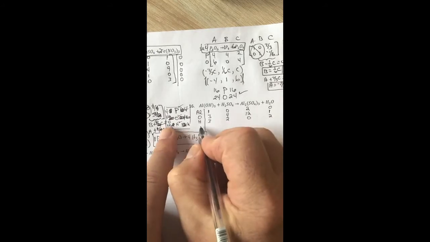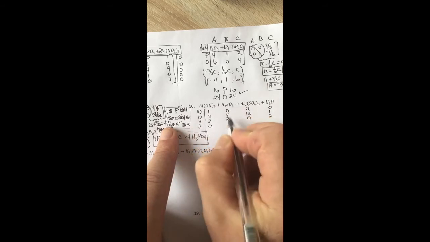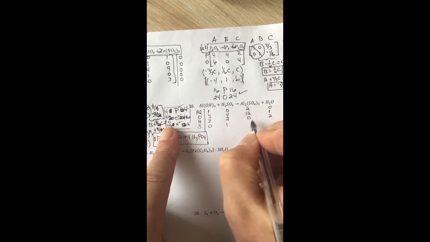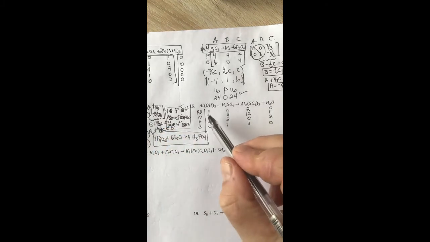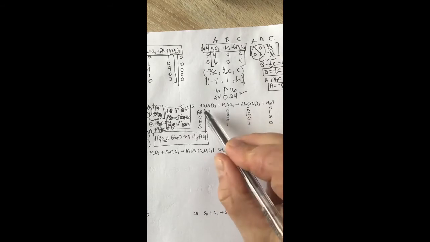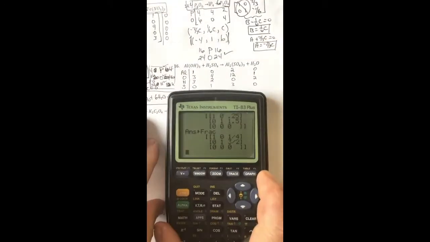That's not a simple balance. Sulfur: no sulfur, 1 sulfur, 3 sulfurs, and no sulfurs. Okay, do we have anything else? H2SO4, so I've got a 4 by 1, 2, 3, 4. Let's type that one in.